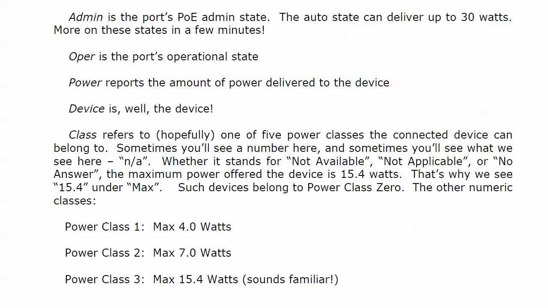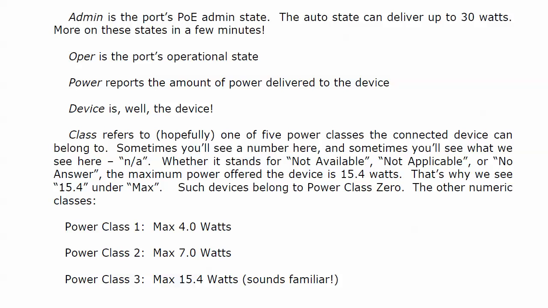And that's also why we see 15.4 under max, because when you see N/A and you've got a device in power class 0, the maximum power being offered the device is 15.4 watts. So I know you've got this down because you got everything else down in this course, and there's a lot more complicated material in here. But the key here is know which column is telling you the actual power that's being delivered and which one is telling you how much power could be delivered.